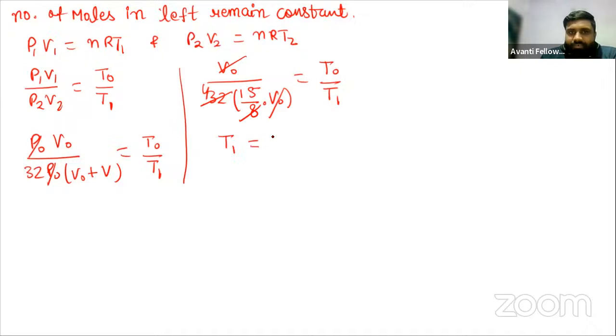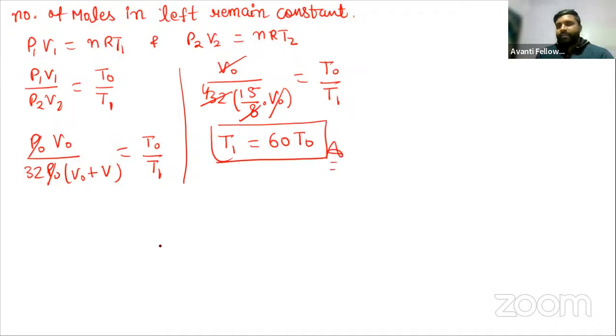So you can say that T1 here is 60 times T naught. So this is the final temperature of the left chamber also. Although we do not know what the process is, we can always conserve the number of moles, and the benefit of that is we are able to find out the final temperature of the left chamber.